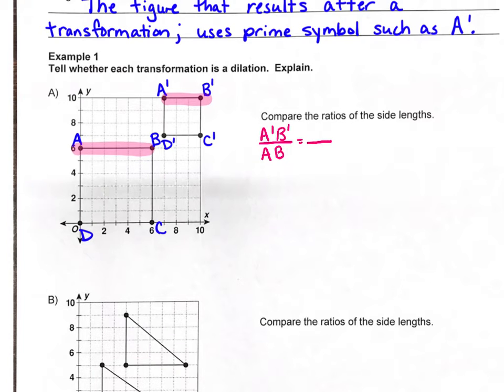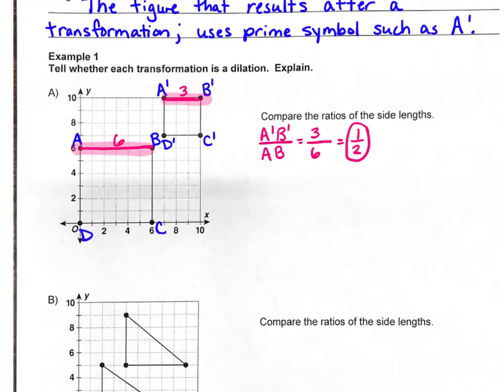So the segment A prime, B prime is 3 units wide. You can just count them. And the segment AB is 6 units wide. You can count that. And I'll reduce it, and it reduces down to 1/2. So it looks like it's reduced by a scale factor of 1/2.